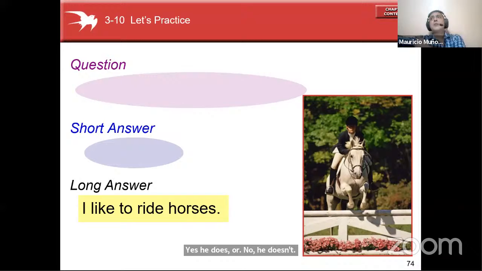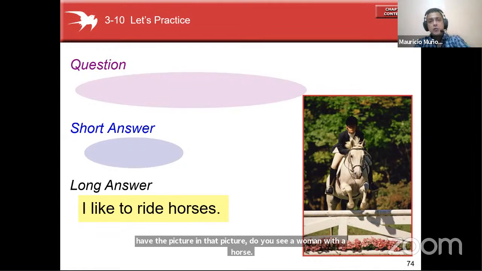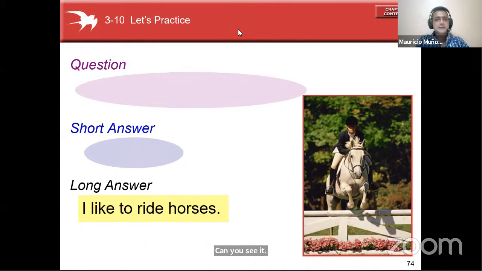Okay, it's time to practice. Vamos a practicar ahora sí. Let's practice. So we have the picture. In that picture, you see a woman with a horse. Tenemos una oración en la parte de abajo que dice, I like to ride horses.